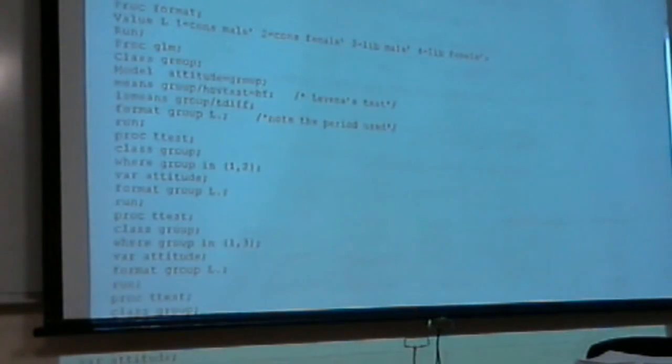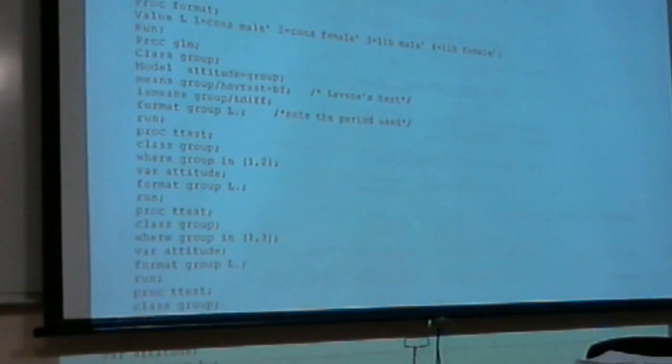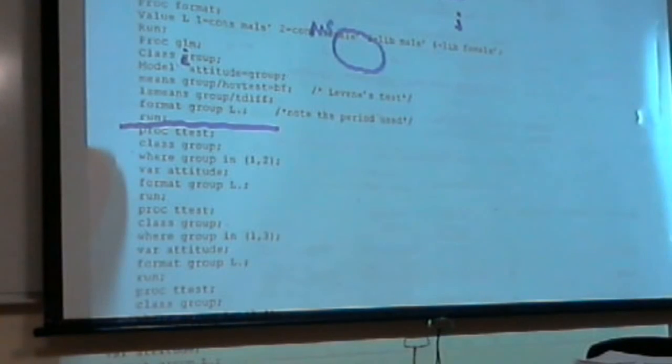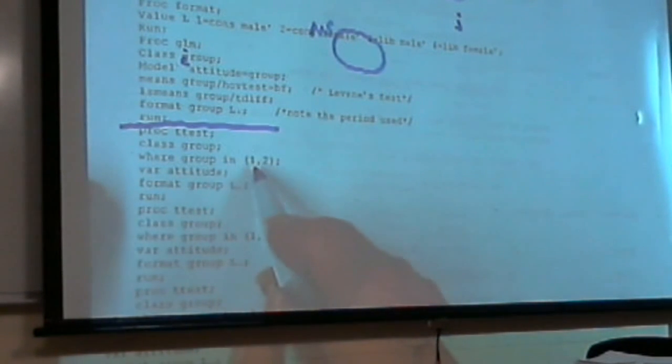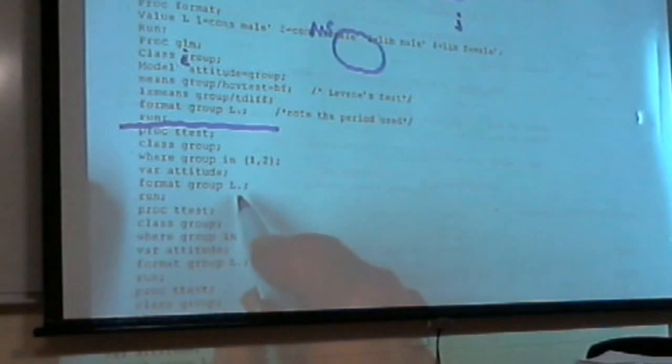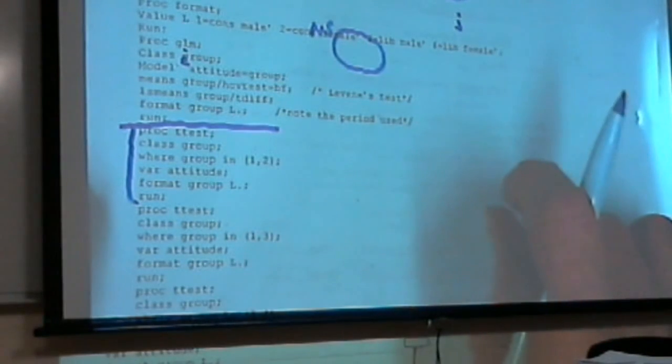Now what comes up next? Let's see here. Class is group. Now here's something different. Where group in 1, 2. Var means variable we're analyzing is attitude. Format group in L. And so there's something right there that's going to be run.